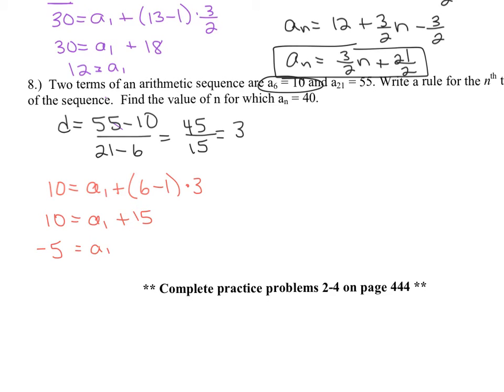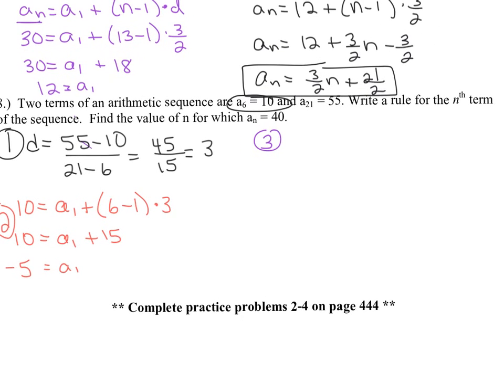So let me label these steps here. Step number 1 was to find the common difference. Step number 2 was to figure out the first term. Step number 3 is to figure out your general equation now that we know those other pieces of information.